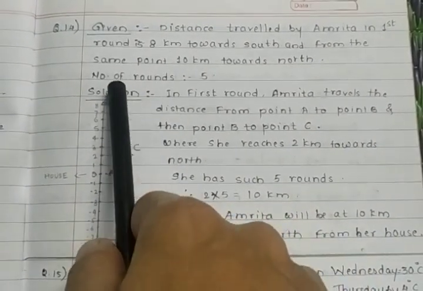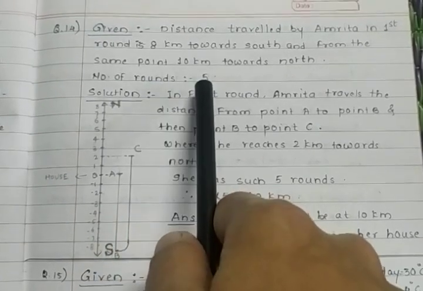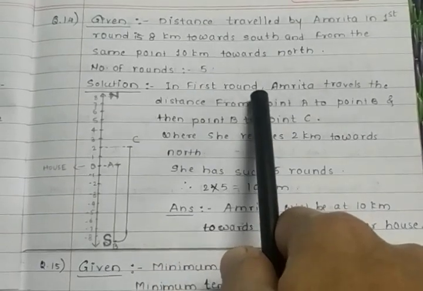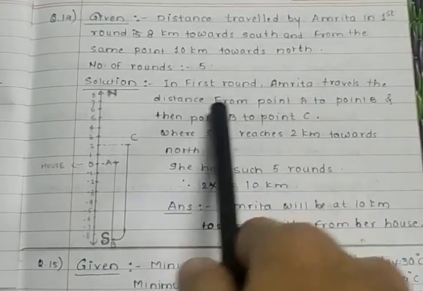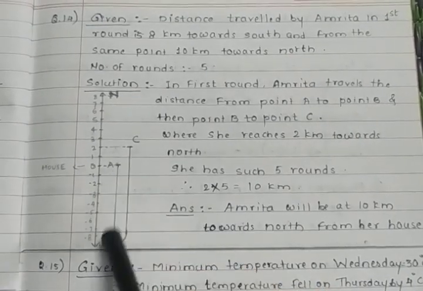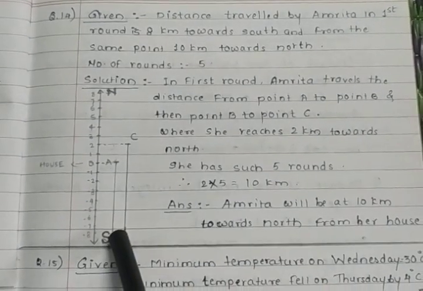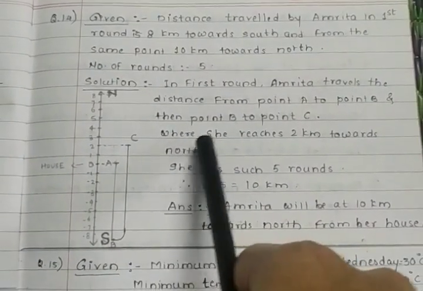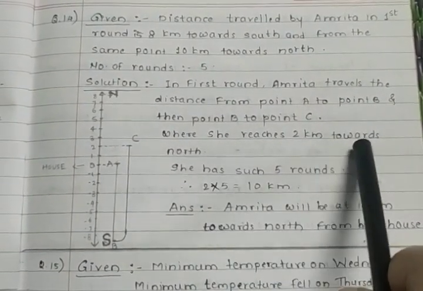How many rounds is she going to complete? 5 rounds. So what is the solution? See, in the first round Amrita travels from point A to point B, and then from point B to point C, where she reaches 2 kilometers towards the north.